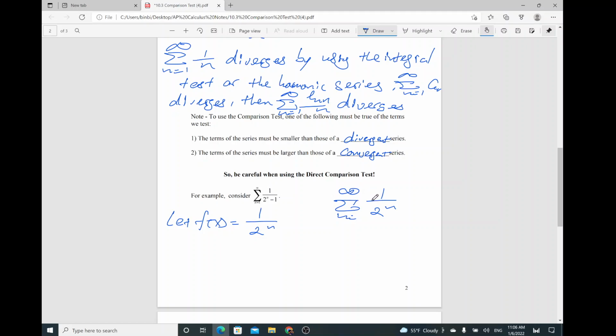But keep that in mind. If the smaller term of the series converges, it doesn't mean that the larger term of the series converges, okay? So you've got to be very careful with this one. I would say that this one is a sub n, and the original one would be b sub n.